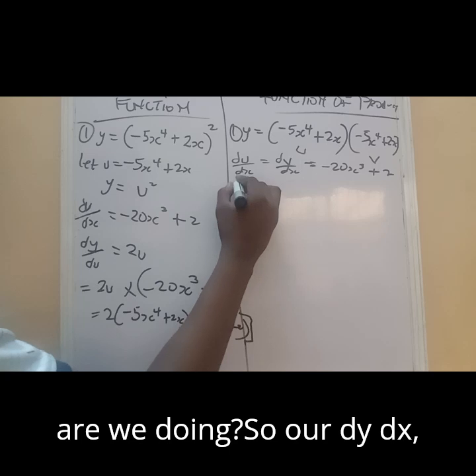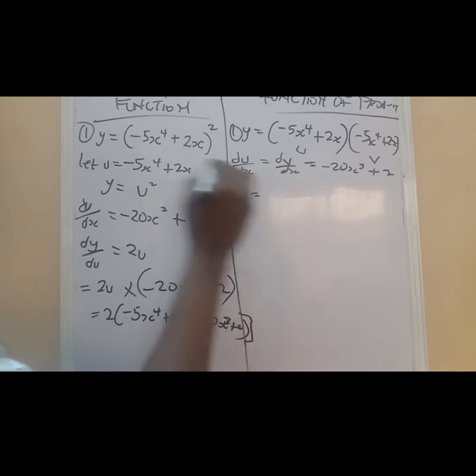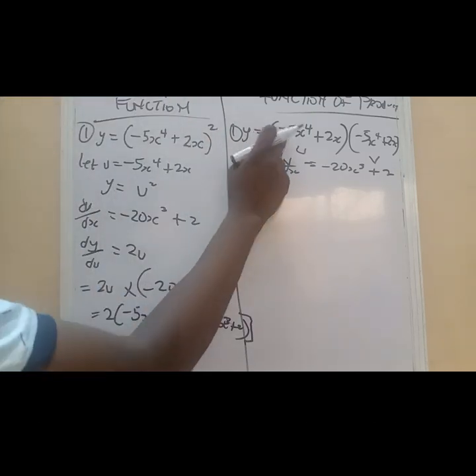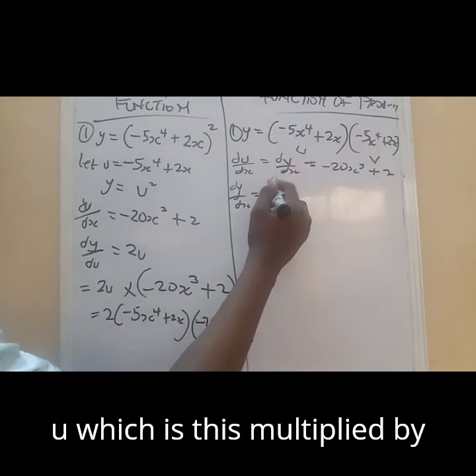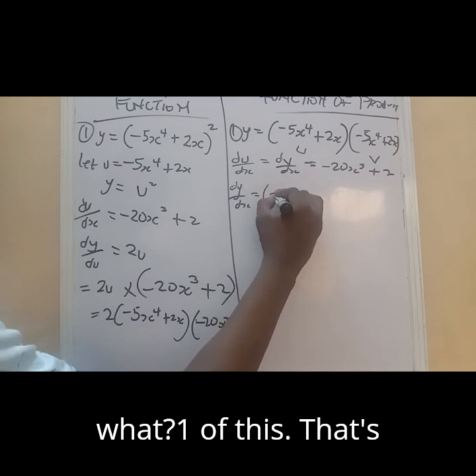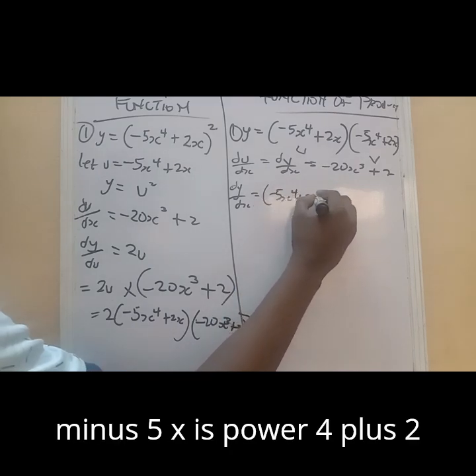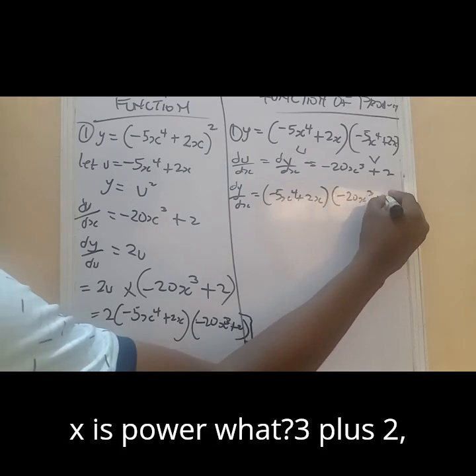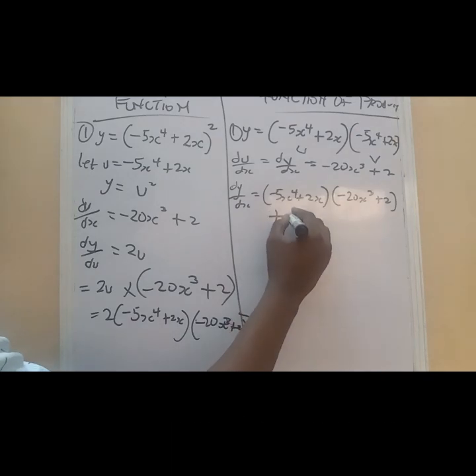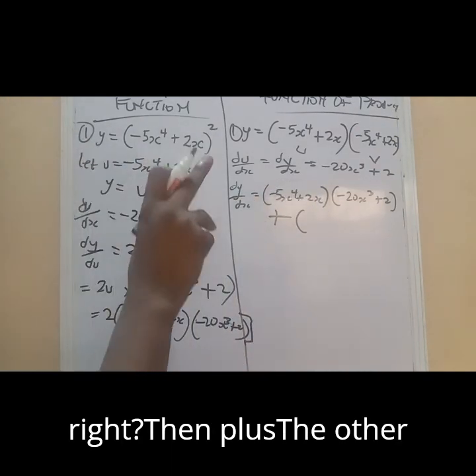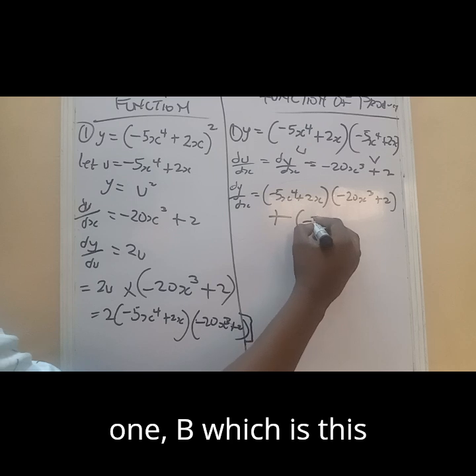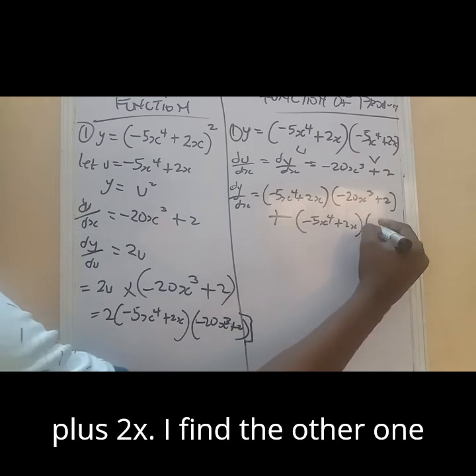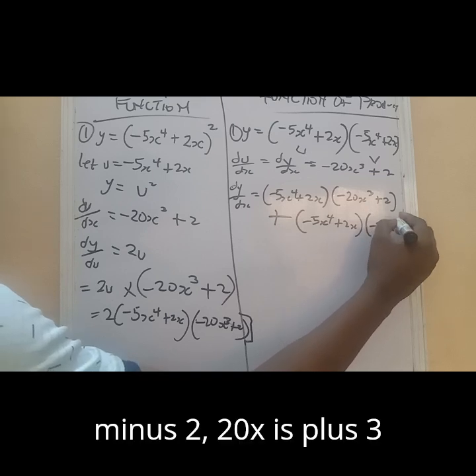So our dy/dx is going to be u, which is this, minus 5x^4 plus 2x, multiplying one of these, minus 20x^3 plus 2, then plus the other one, v, which is minus 5x^4 plus 2x, multiplying the other one, minus 20x^3 plus 2.